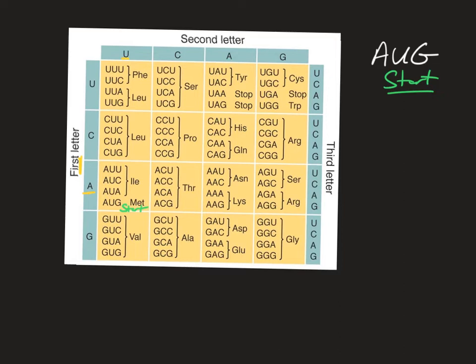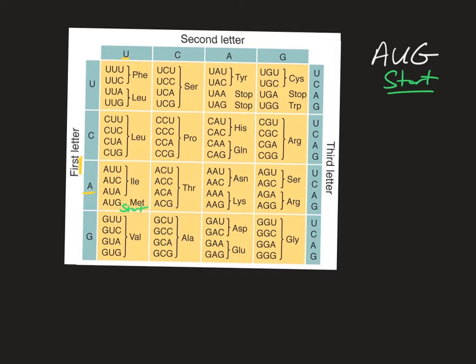Well, how does the ribosome know that it's time to end? The end is not the last bit of the mRNA. The end is before the mRNA. When does the ribosome stop making a protein? Look on this chart and tell me when the ribosome stops making a protein.